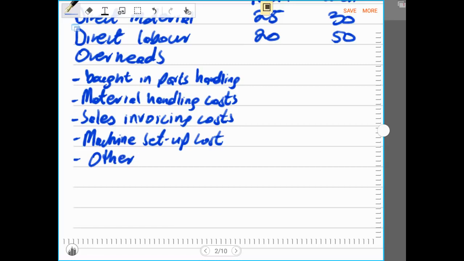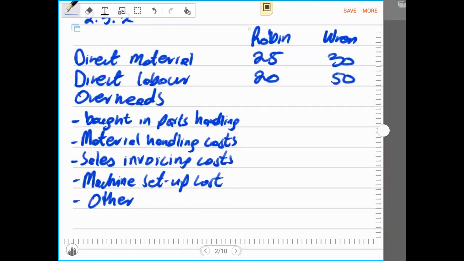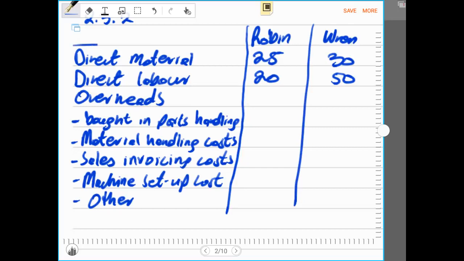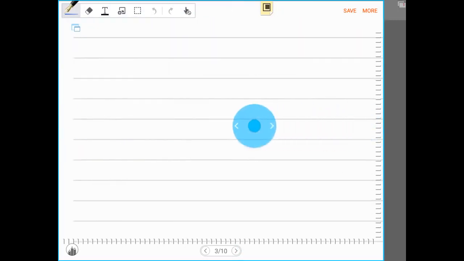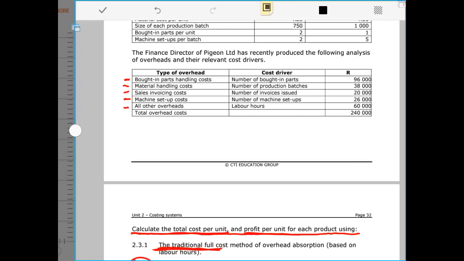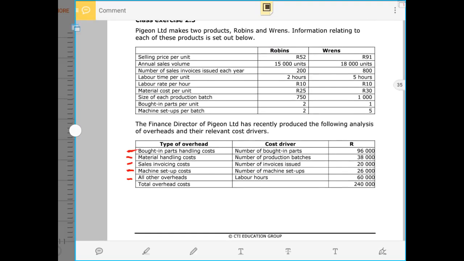So now we have to allocate these overheads using their basis of allocation or the cost drivers as it is given. Let us go straight and do the calculations and the allocation of all these overheads. The first overhead is bought in parts. Remember, we want to allocate these overheads to the two products, Robin and Ren.